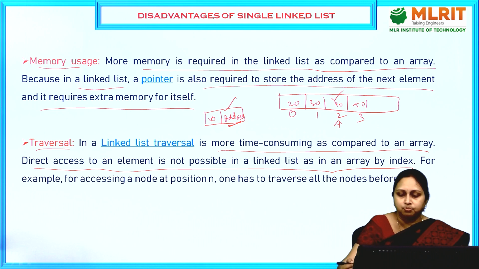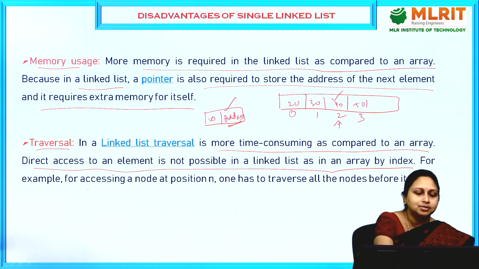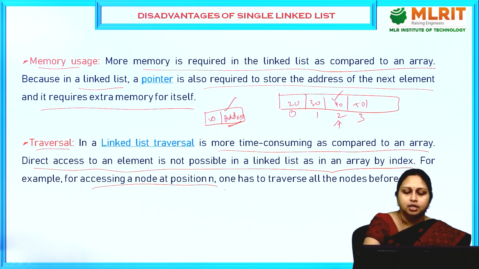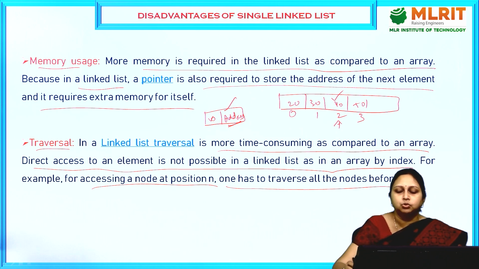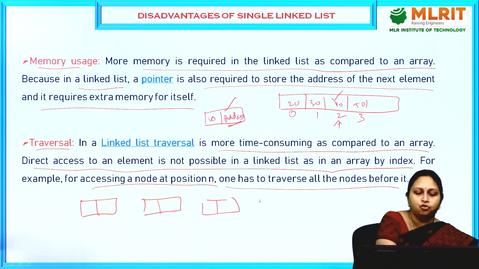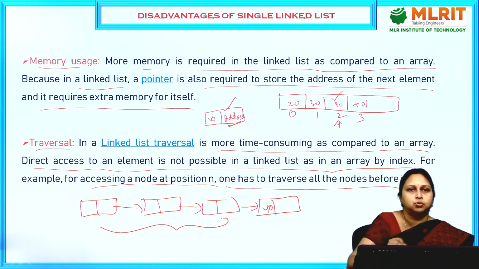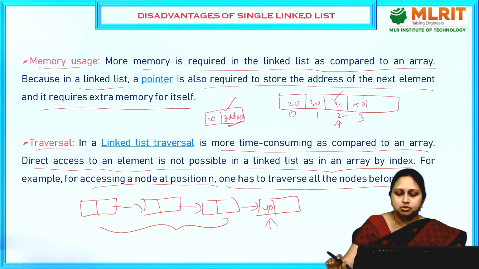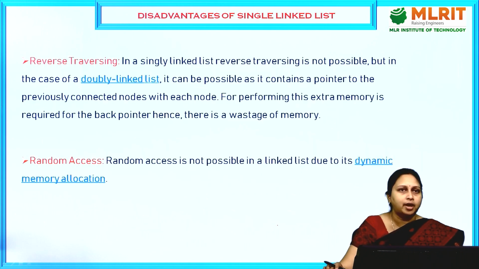What I said is the previous statement. For example, for accessing a node at position n, one has to traverse through the nodes before it. Suppose I have some 4 nodes like this. If I want to access the element of this one, I need to traverse through all these 3 nodes. Then only I can access this 40, right? This is one of the disadvantages you can find.